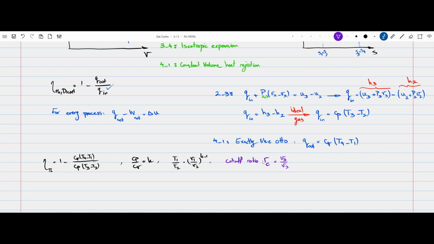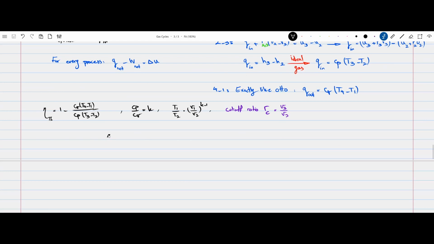Combining everything that you see here and more, everything that we did in the Otto cycle, factoring out the temperature, relating the temperatures together through the isentropic relations, one can finally get the equation for the thermal efficiency of the diesel engine.